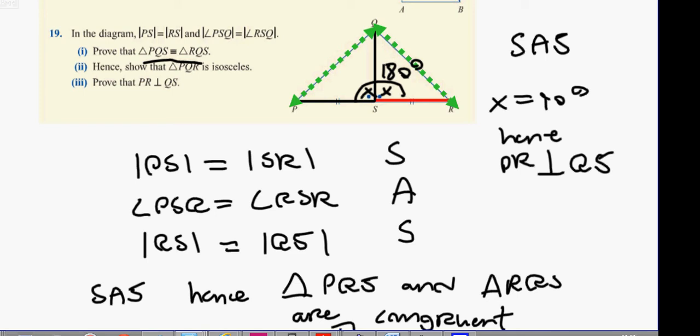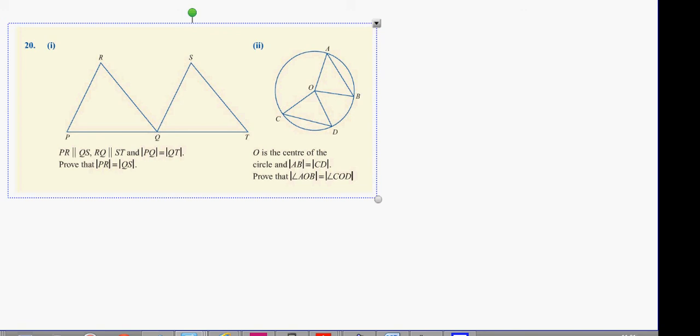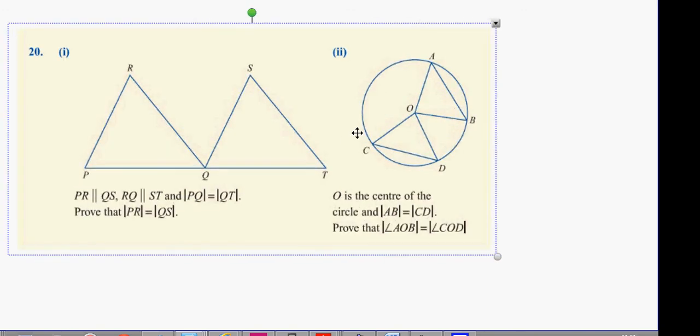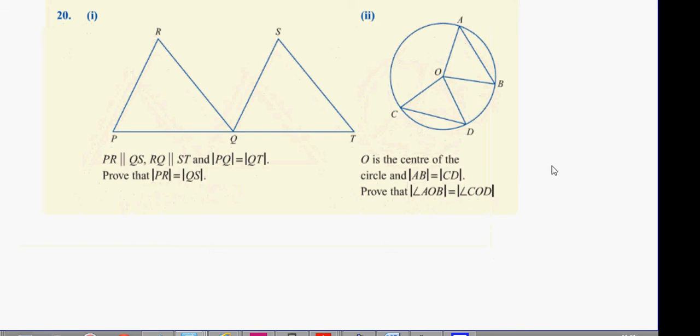Number 20, now we're getting to the harder questions. We only have to go as high as 22 today. Now, guys, the angle RPQ and SQT. It says that PR is parallel to QS and RQ is parallel to ST. Now, does anybody remember the word corresponding?